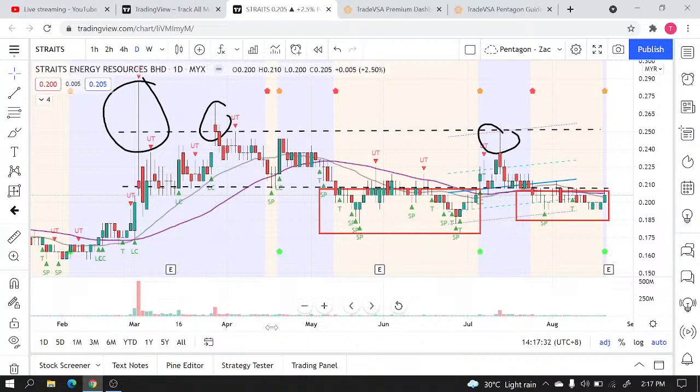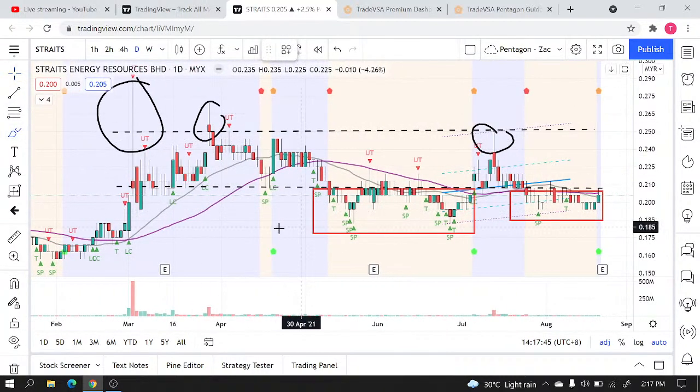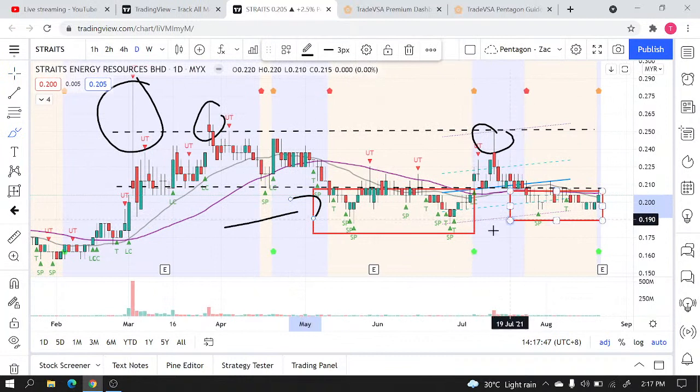So maybe the third UT over here, this third resistance, is telling you that the sellers might be getting fewer too. Usually in this case, a shakeout is healthy. This shakeout tells you that someone is still keen, they want to buy lower, or they want to remove someone further.